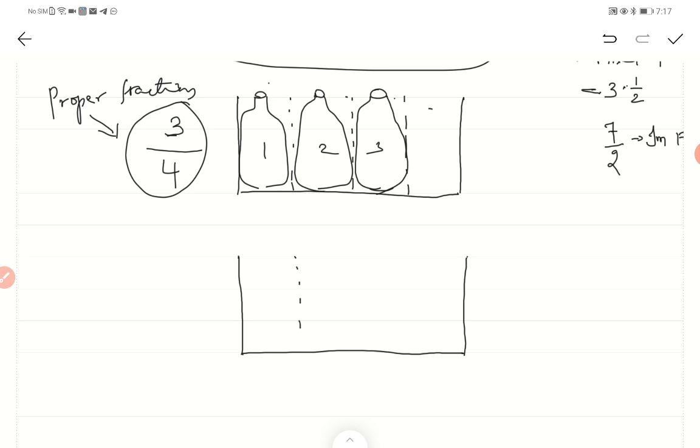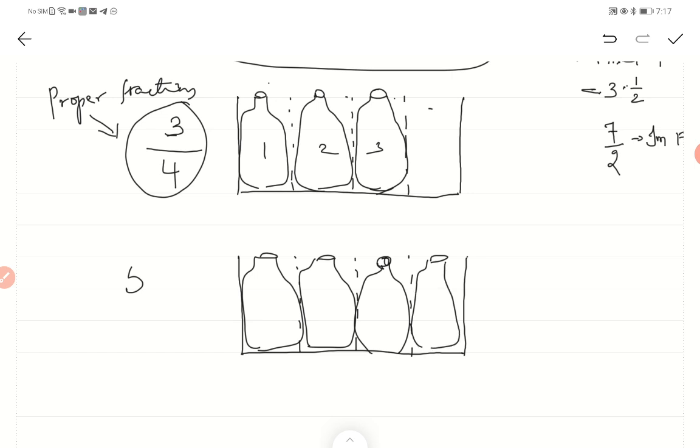Now the case in which you can only accommodate 4 bottles, but I have 5 bottles to be placed. What will happen? Your 4 bottles are accommodated here, and one more bottle you're trying to place somewhere up like this.